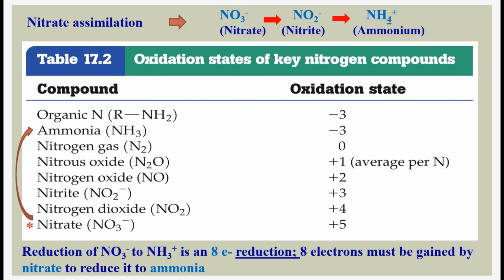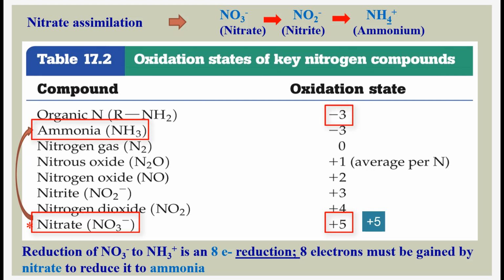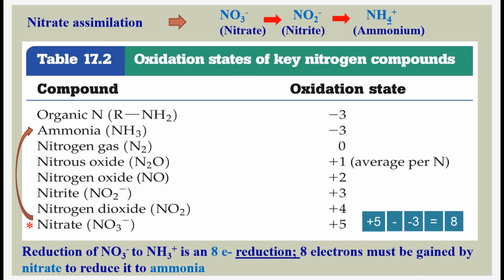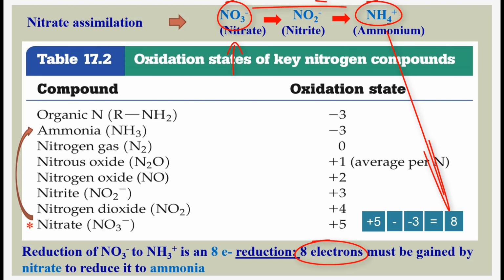The oxidation state of nitrate is +5, and the oxidation state of ammonia is -3. So +5 minus -3 is equal to 8. Therefore, the conversion from nitrate to ammonia is an 8-electron reduction step.